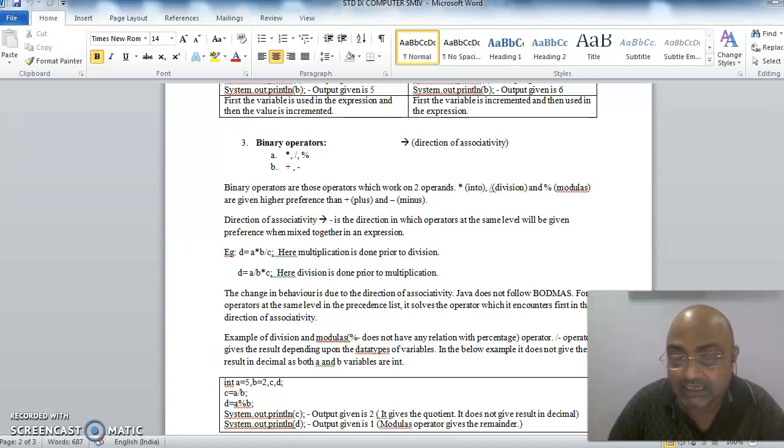So naturally, if I have used multiplication and division both in a statement or in an expression, which one will be executed first? That will depend upon the direction of associativity, and you can see an arrow mark from left to right. Now notice the example which I have given on the screen.